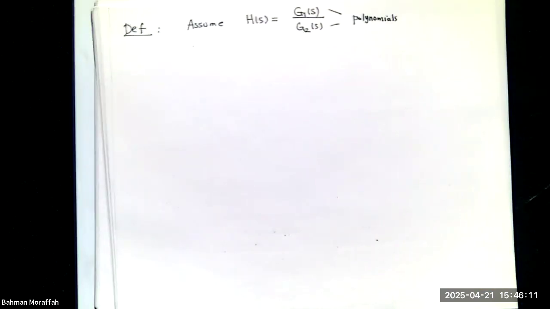We define the roots of a numerator, the zeros of this h of s, just like what we had before, and the roots of the denominator as our poles. We had it before, nothing new.